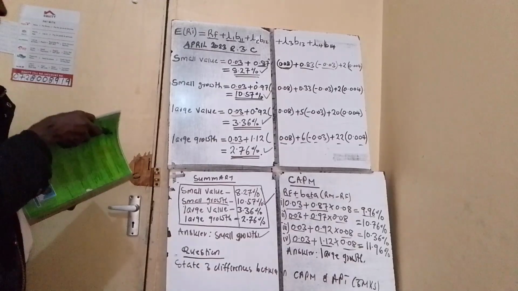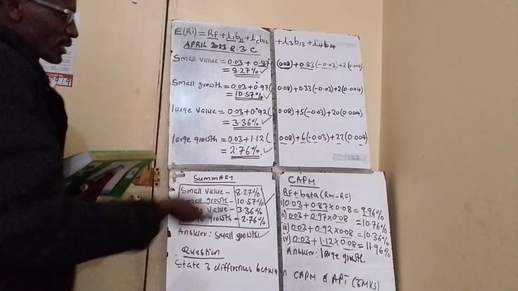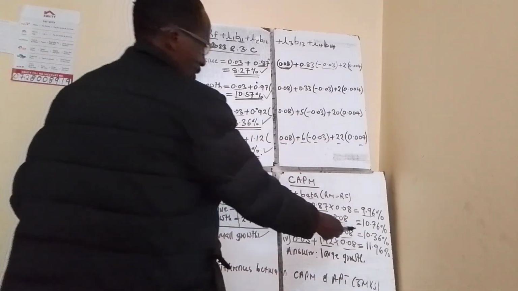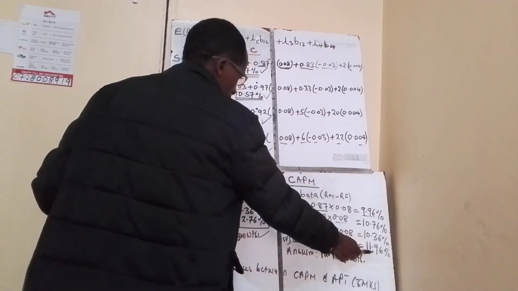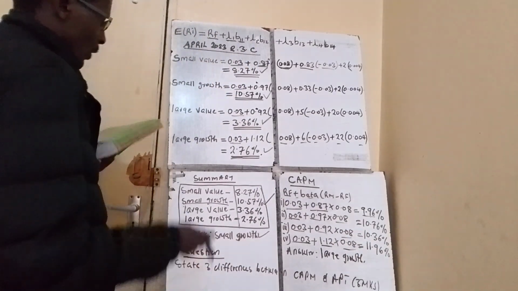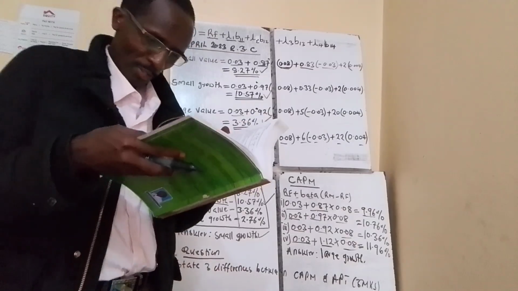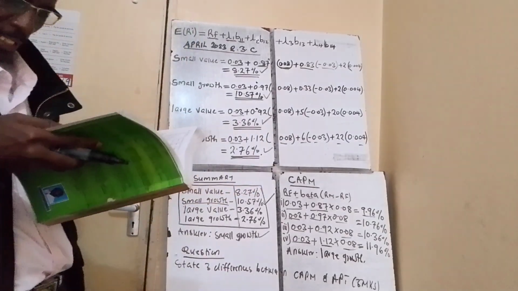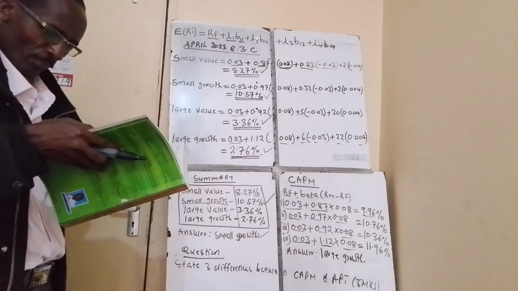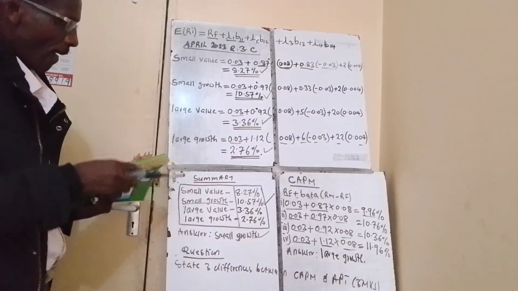My answers are there: 9.96, 10.76, 10.36, 11.96. So what is the question? The question was the portfolio that will maximize your return if you decide to use the capital asset pricing model.